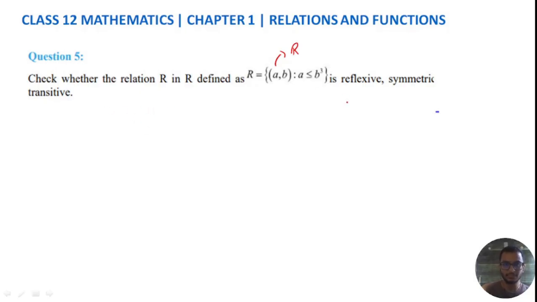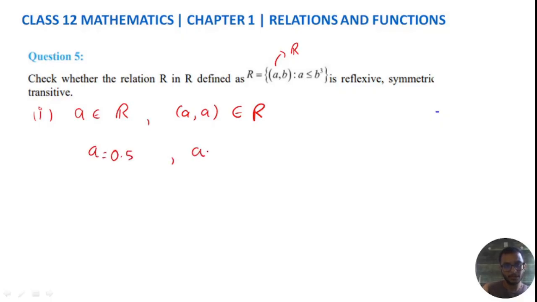Okay, so let's start. For reflexive, whatever a you pick from the reals, you should have (a, a) in relation R. Suppose I pick an element a that is less than 1, say a as 0.5.